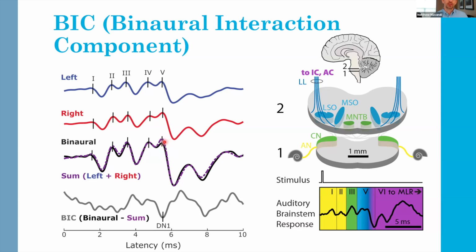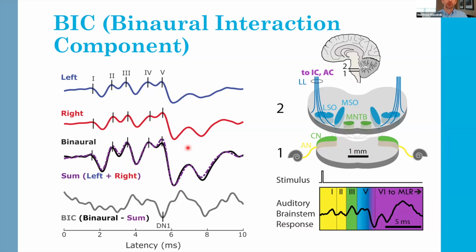And so it's interesting, at the first 4 waves in the lower parts of the brainstem, they cancel out. If you subtract them, they cancel out, and essentially the reading's the same.